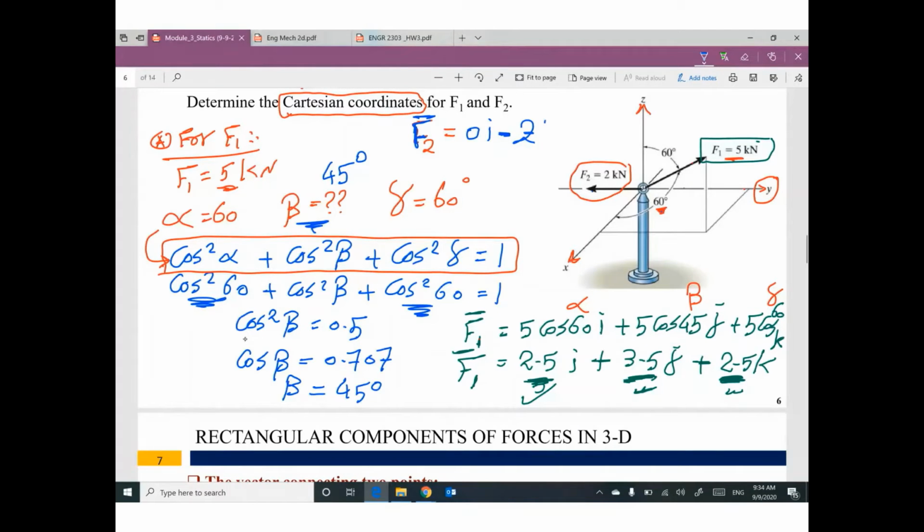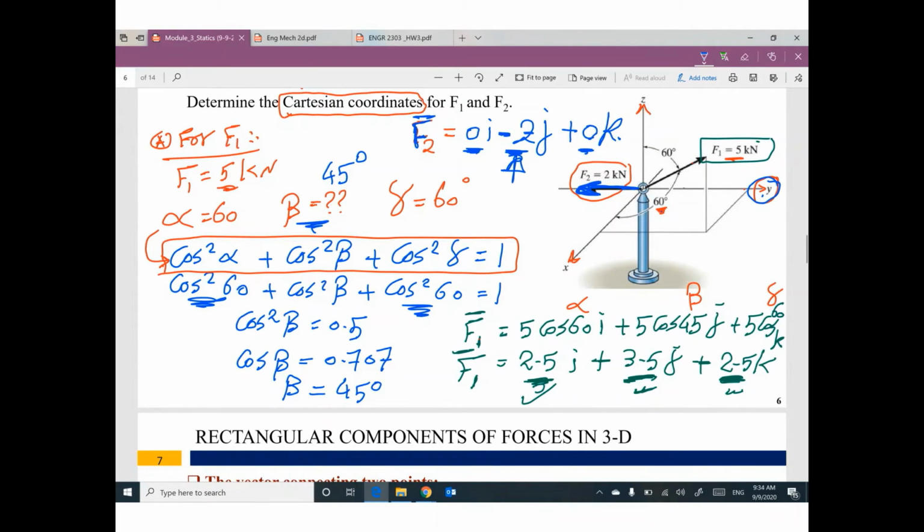We don't have Z component, which is 0K. So F2 as a vector is very easy because this force is going in the same direction of Y-axis, actually in the negative direction of Y-axis. So we have only negative components in Y and 0 component in X and 0 component in Z.